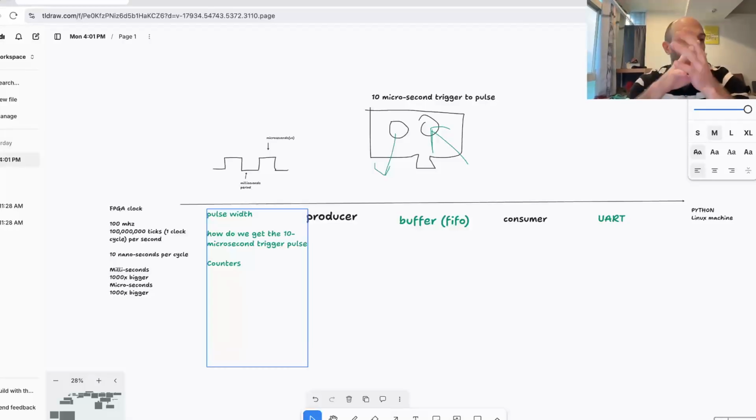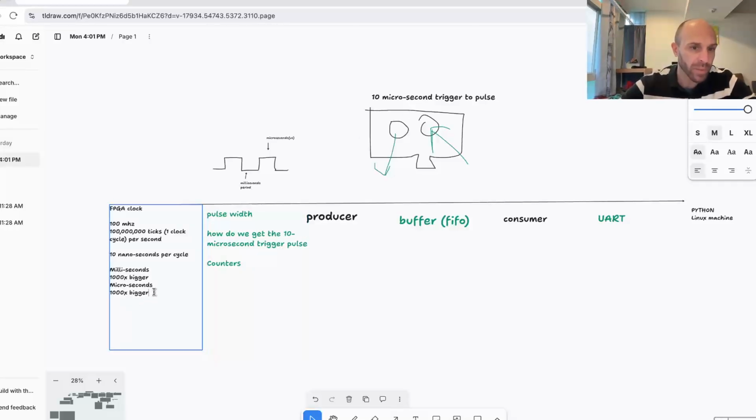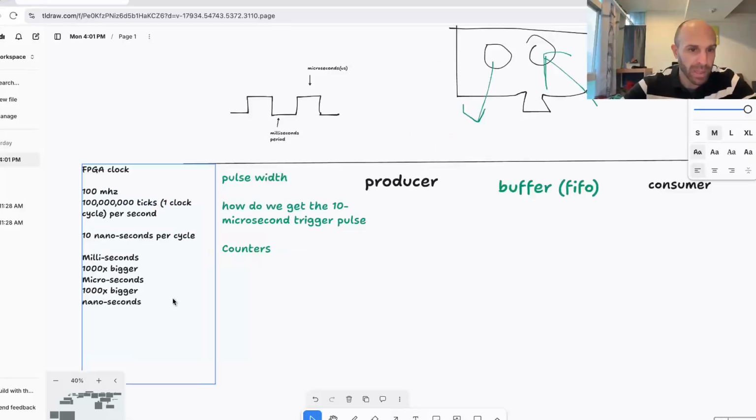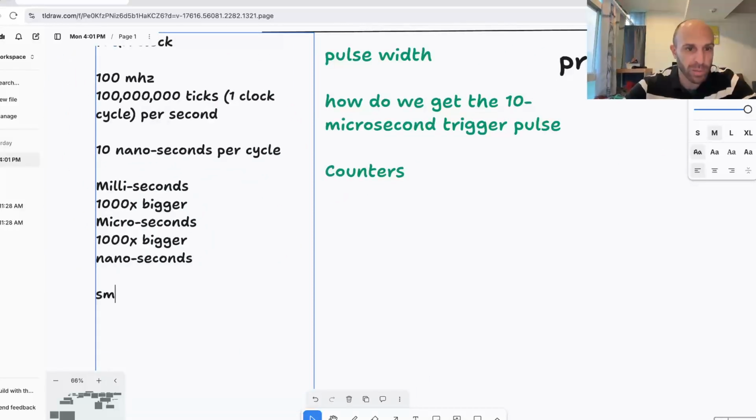A counter is essentially doing the math to convert nanoseconds to microseconds to milliseconds, smaller to bigger.